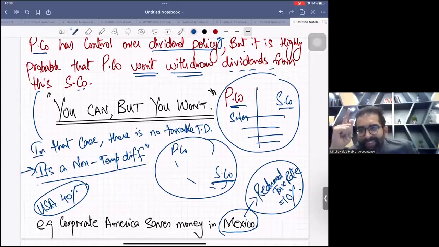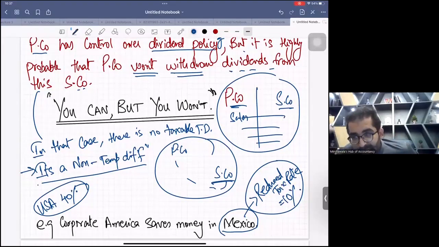Now listen to the end of the story. When the US government realized that companies were not bringing funds into the US, sometimes after many years they give a tax holiday for 1 year: if this year you bring the funds into the United States, we won't charge any tax.